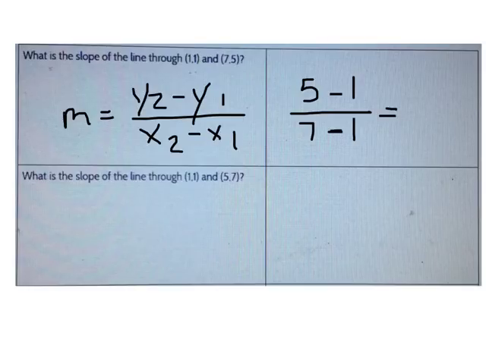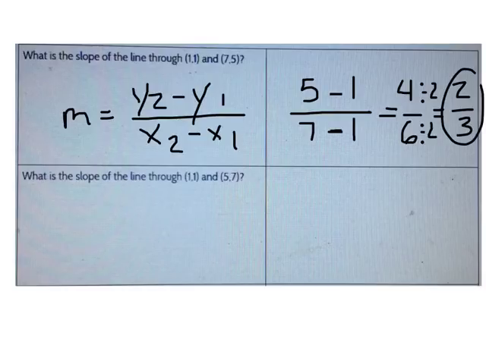What's 5 minus 1? It's 4. What's 7 minus 1? It's 6. Can I simplify 4 over 6? Yes. What's the largest number that goes into both 4 and 6? It's 2. What is my new simplified fraction? It's 2/3. The slope of this line is 2/3.